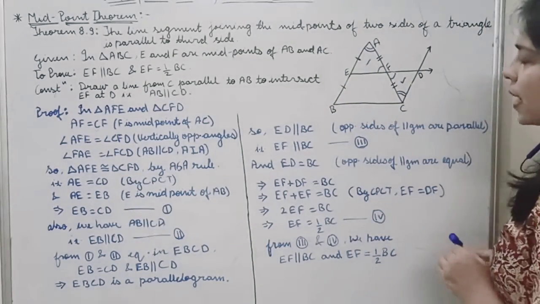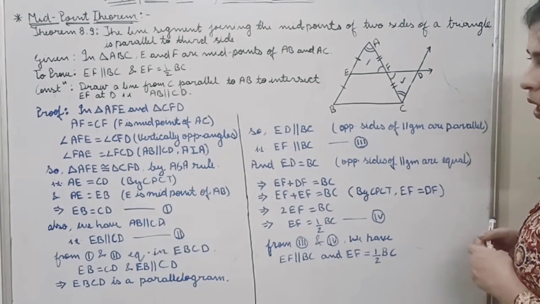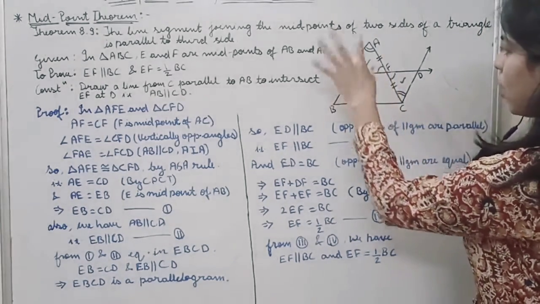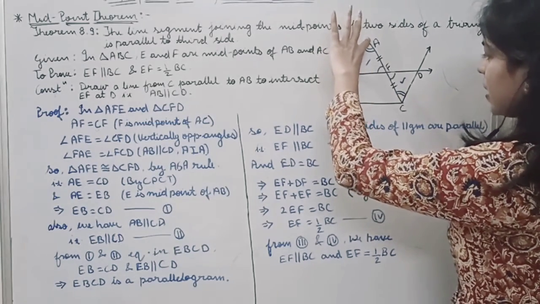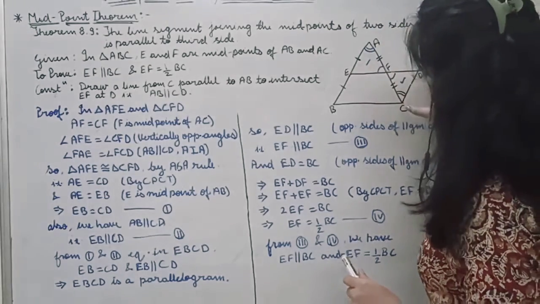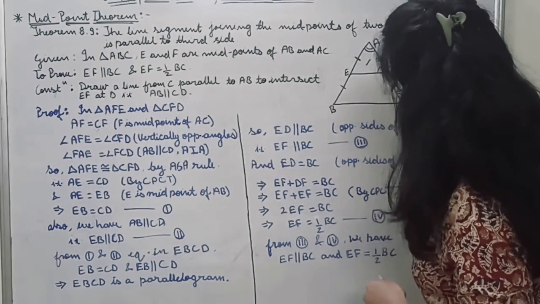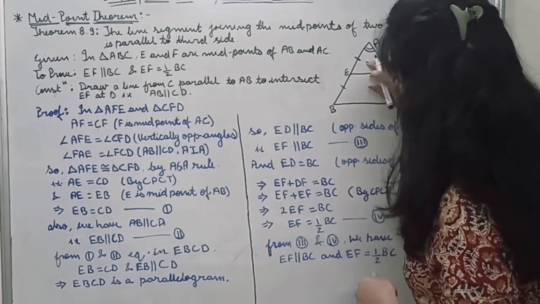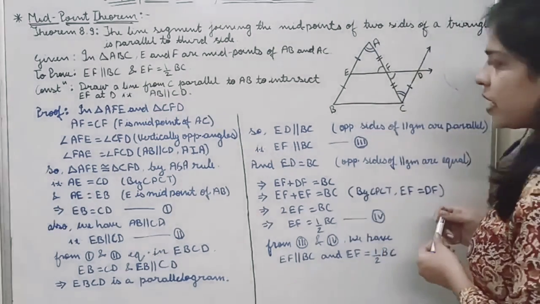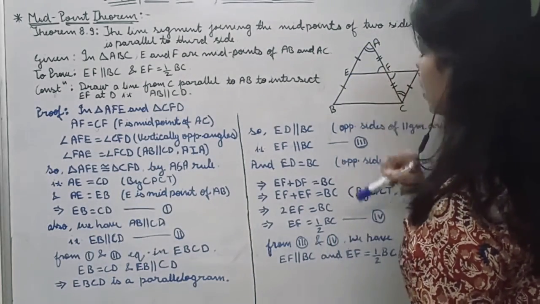Now if these two triangles are congruent, their corresponding parts will be equal. AE and CD are the corresponding parts. AE will be equal to CD. Also we have AE equal to EB.